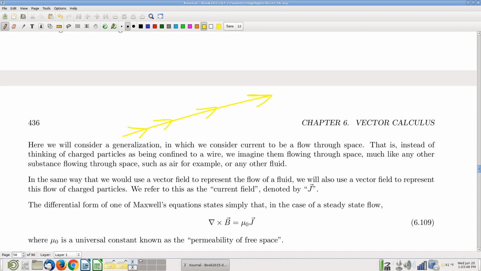Awkwardly, electrons have negative charge, and so if the current is this way, what that really means is the electrons are going the other way. Oh well. Anyway, you don't need to worry about that. So you have a current going this direction, right?